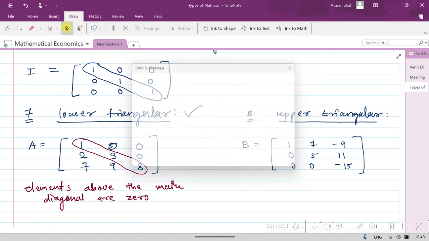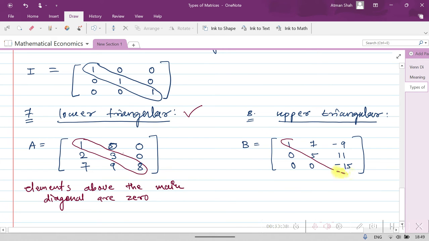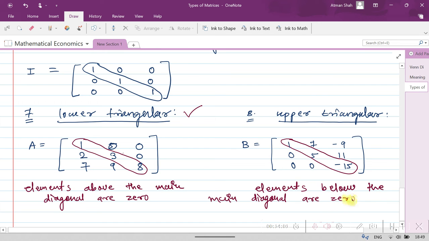So in this case, if you see the main diagonal, elements below the main diagonal are 0, and therefore it is known as upper triangular matrix.